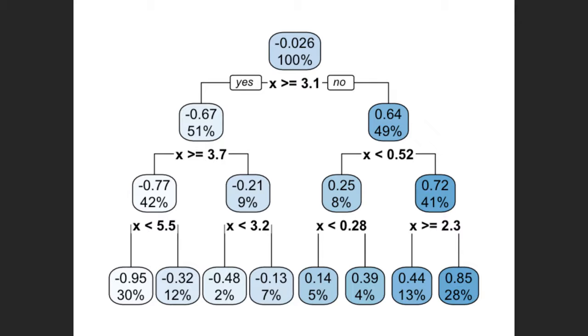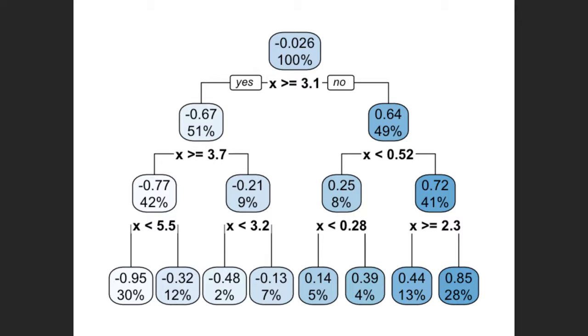In the case of yes or no, notice the percentages are percentages of the whole total. The 51% that were in the first yes split, 42% of them get split into yes again here, and their average response value is negative 0.77. 9% of the total, a much smaller chunk of that 51%, are yes, they're greater than or equal to 3.1, but no, x is less than 3.7.